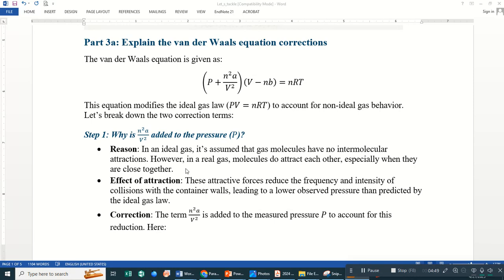What is the effect of the force of attraction? The stronger the attractive forces between the gas molecules, the less they collide with the walls of the container, and less pressure will be observed for the polar gases. The larger the polarity of gases, the larger the force of attraction, and the less will be the pressure inside the gas.